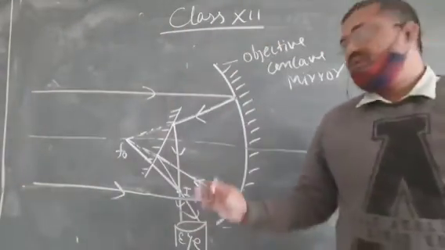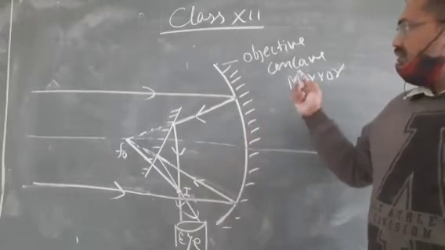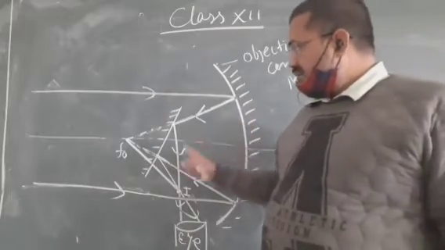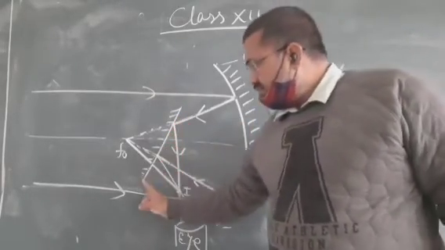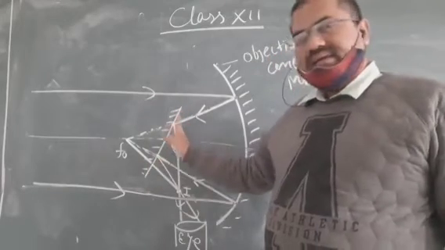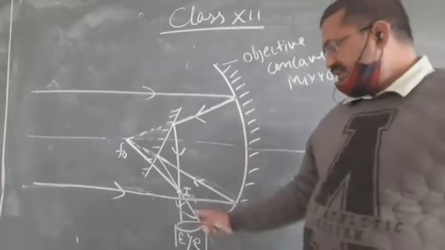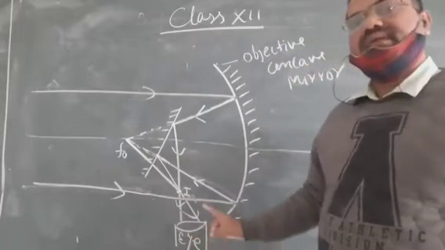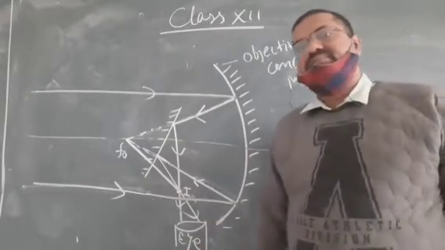This is the Newtonian telescope, in which an objective concave mirror is used and a plane mirror is used. The plane mirror is at an angle of 45 degrees such that the image is formed near the eye, and we will get a clear image from the eyepiece.